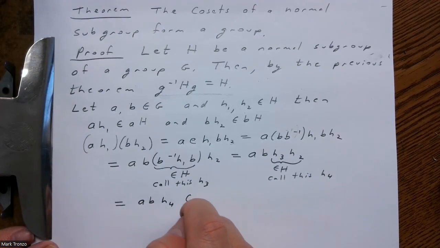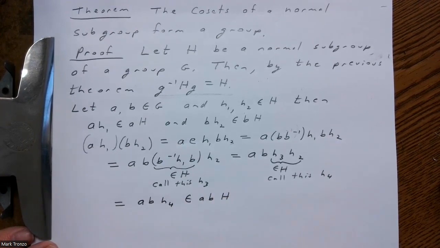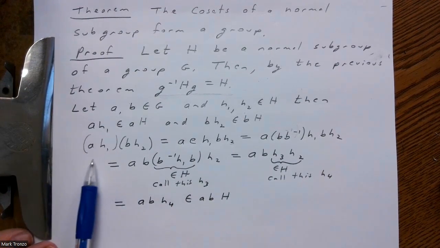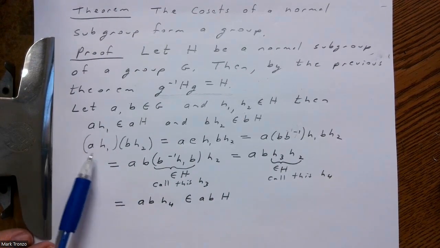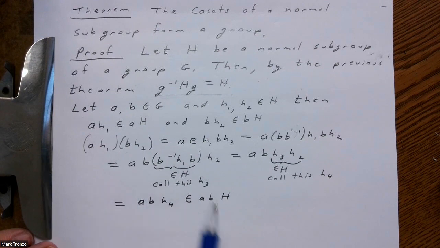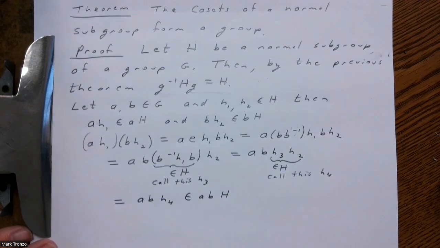And that's going to be in ABH. Remember, that was the operation that we defined for this subgroup. If you took AH, BH, you would end up with ABH, where this was some member of H. So we have this.